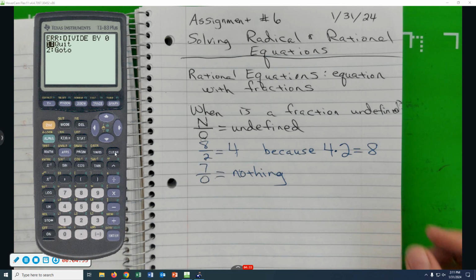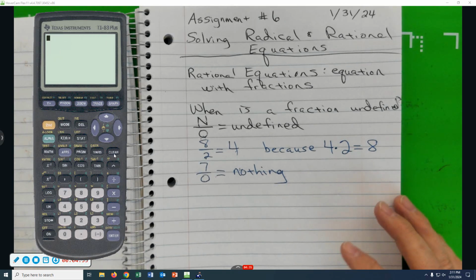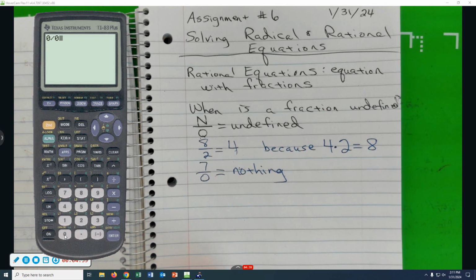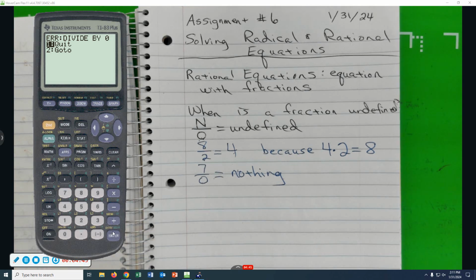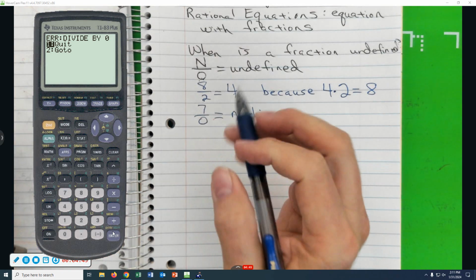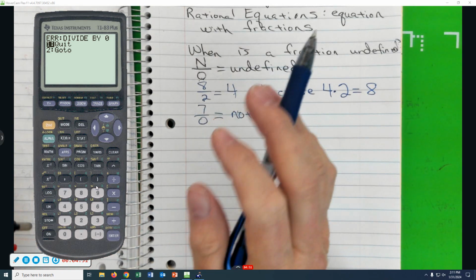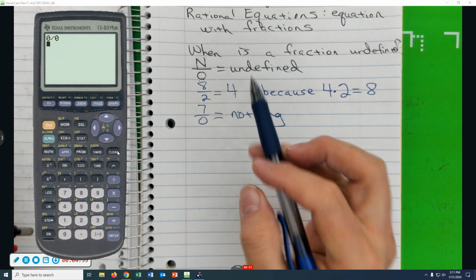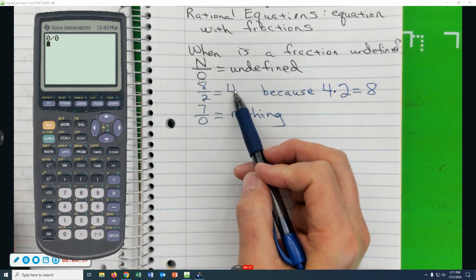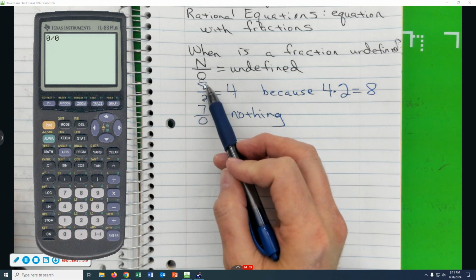Sometimes students say 0 over 0 is 1. No. You still get that error message. Show them why 0 divided by 0 isn't 1. Realize that a quotient has to be unique. 8 divided by 2 is 4. There's not another number you can multiply by 2 to give you 8.